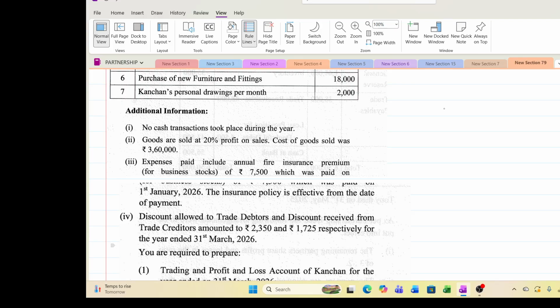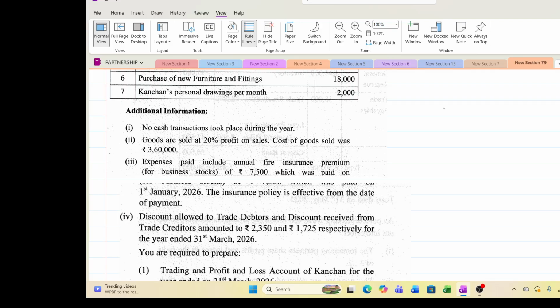For the current year, we have to prepare the balance sheet as on 31st March 2026 and the trading and P&L account for March 2026. So this insurance premium should be taken into account only for 3 months, January to March. The balance is paid extra, that is, prepaid, and the prepaid amount will appear in your balance sheet.